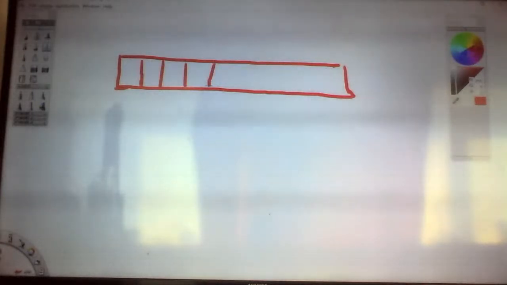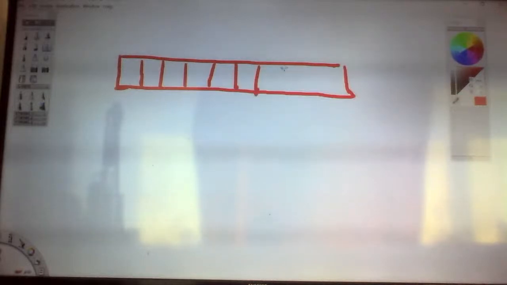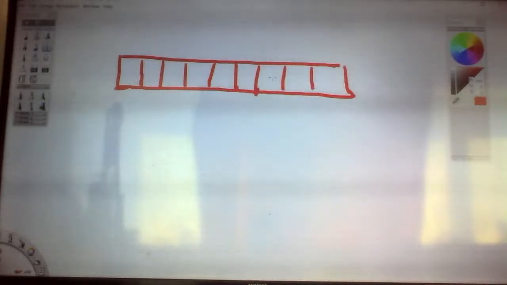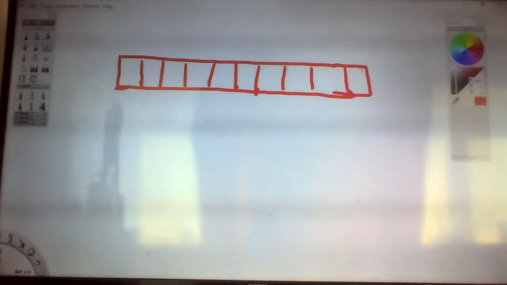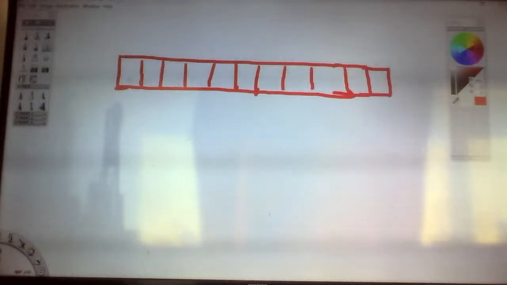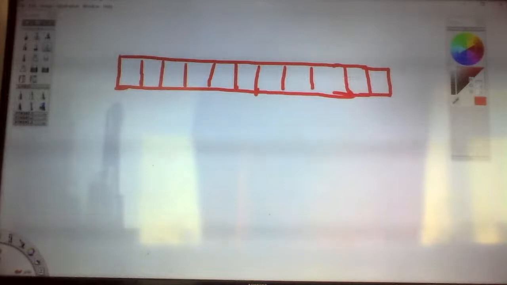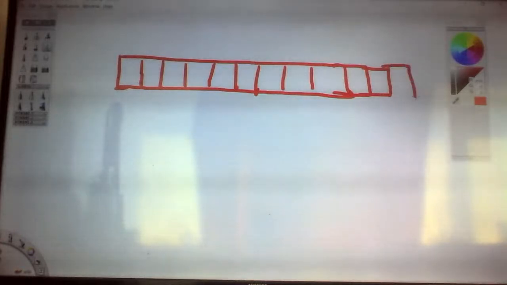I wonder if I can divide this by 12. Need one of those pens, because I can't get one at the moment.